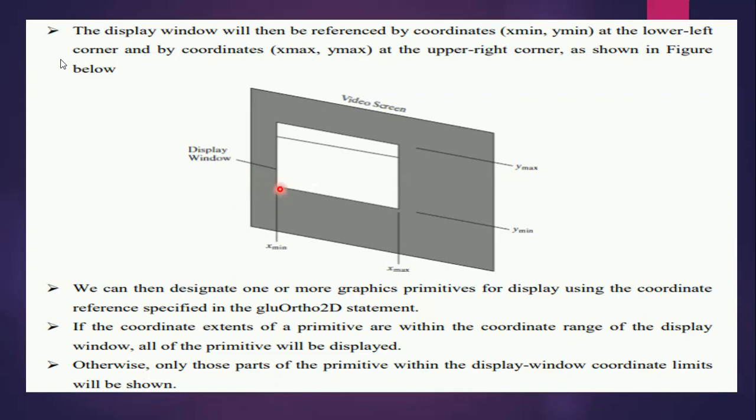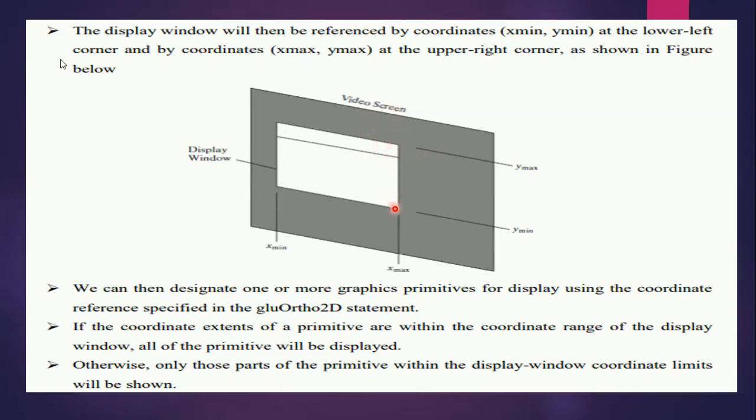That is given by x minimum, from the left you can say. Then from the right how much it should be is given by x max, and from the bottom, how many lines it has to be displayed, the window boundary, it has to be y minimum, and from the upper portion it is counted with y max.